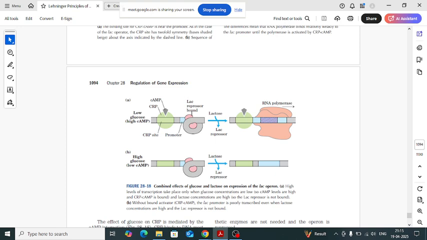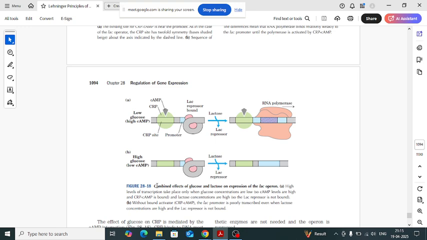But here you can see, when lactose is not provided, although the glucose level is low, still the lac repressor is bound with the operator region. So when lactose is provided, this repressor will be gone, and now RNA polymerase can bind to the promoter. So in this case only the lac operon can be switched on, and it will induce the expression of the downstream genes, right?